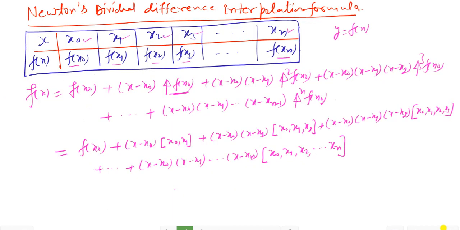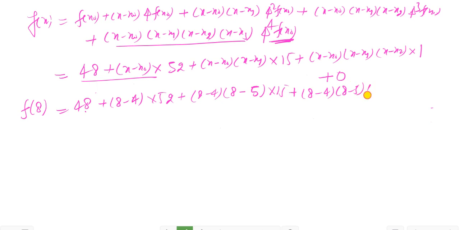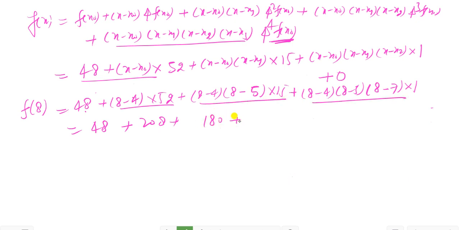Now substitute the values of the arguments, with x equal to 8. So we obtain f of 8 is equal to 48 plus (8 minus 4) into 52 plus (8 minus 4)(8 minus 5) into 15 plus (8 minus 4)(8 minus 5)(8 minus 7) into 1, and this is equal to 48 plus 208 plus 180 plus 12.